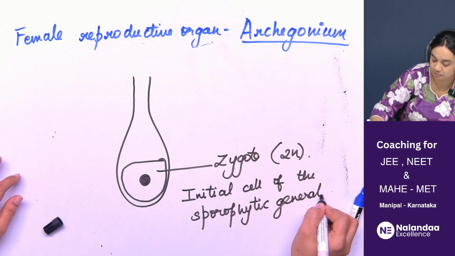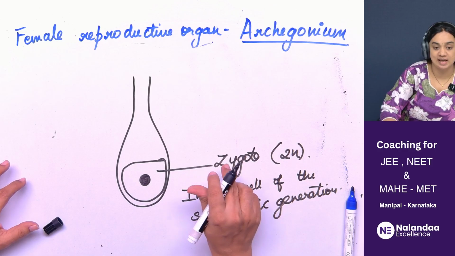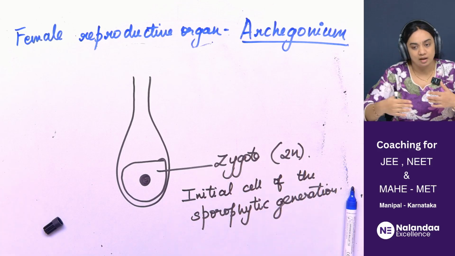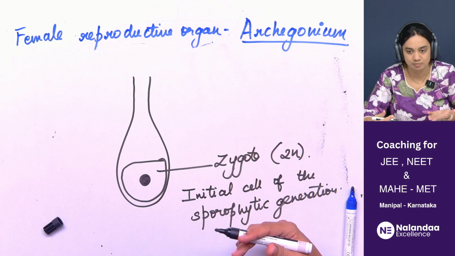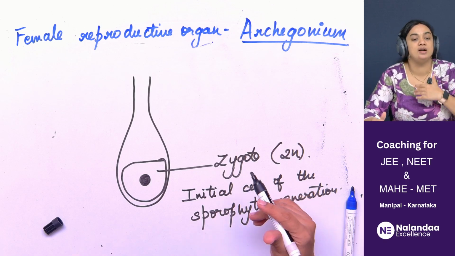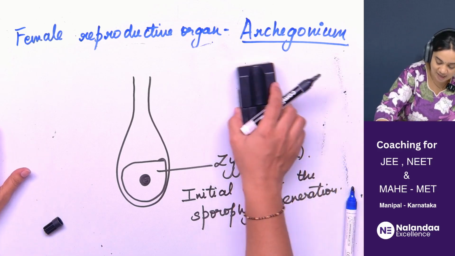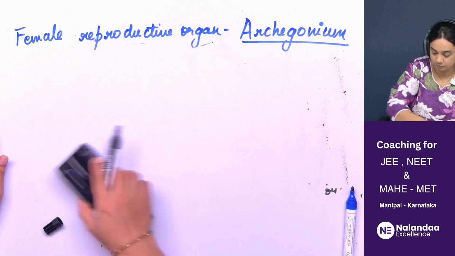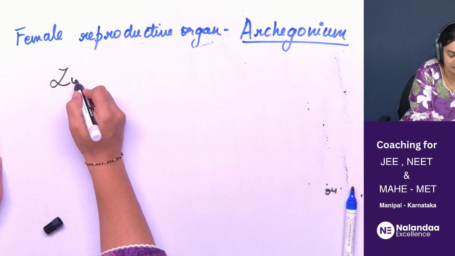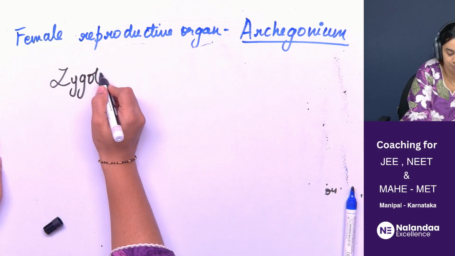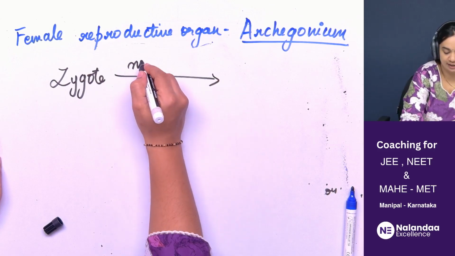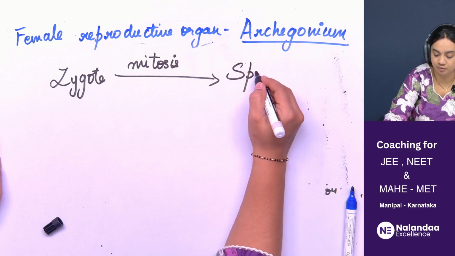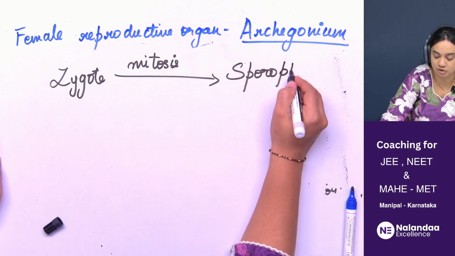So what it does is, this zygote, instead of undergoing meiosis, starts dividing over and over, which means it undergoes mitosis. The zygote will undergo continuous mitosis and transform into the sporophyte. So the zygote by mitosis transforms into the sporophytic generation.